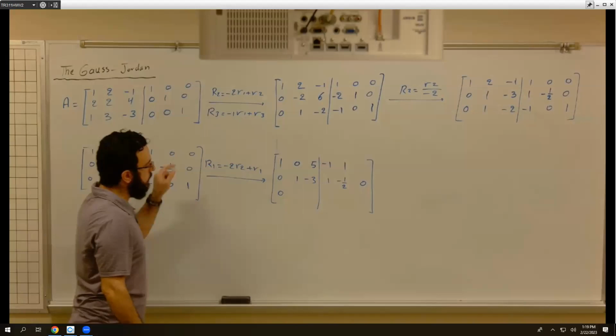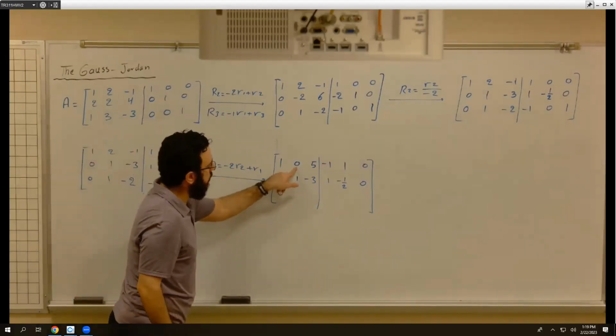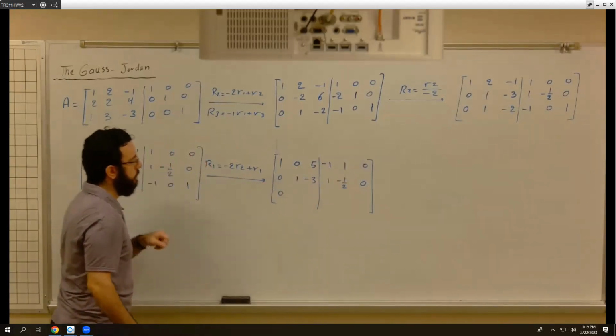We're done with this one. We convert this number to 0, and here is the new row.